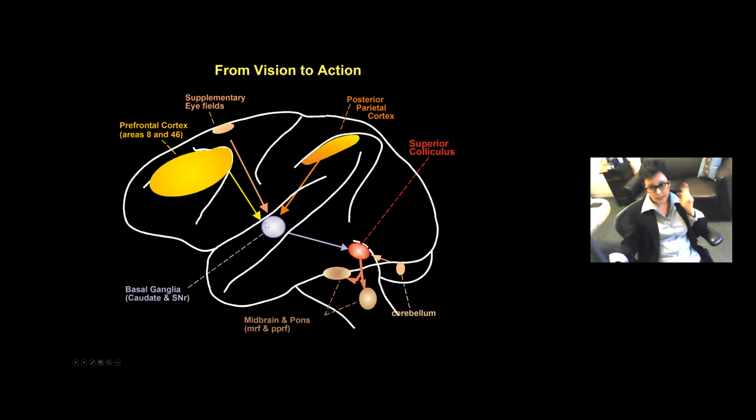So we can study the basal ganglia, or nuclei within the basal ganglia, and compare the activity of those neurons in those nuclei with those recorded from the superior colliculus to try to understand the similar and different aspects of processing in these two pathways, in this direct cortico-collicular pathway and this indirect cortico-basal ganglia collicular pathway.